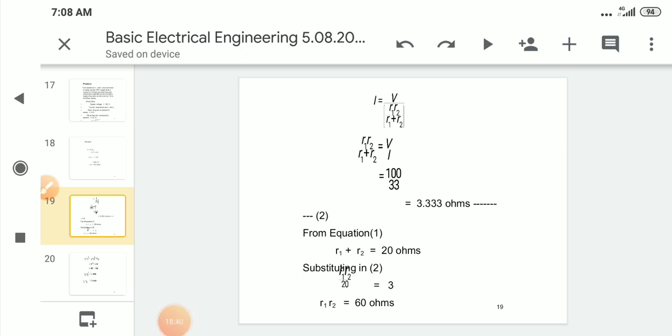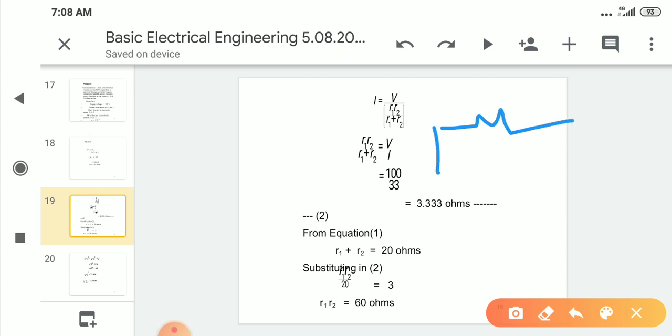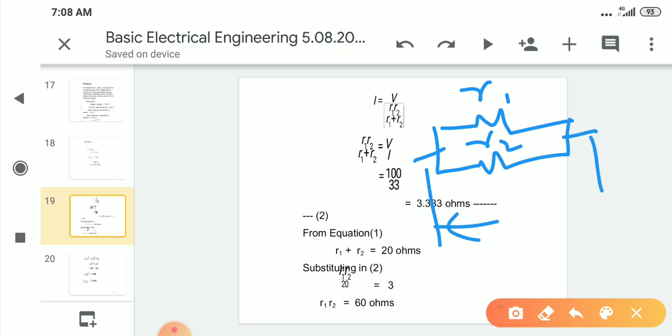Let's look at the case of parallel connection. Here this is R1 and R2. In this, the voltage source is 100 and the current is 33.